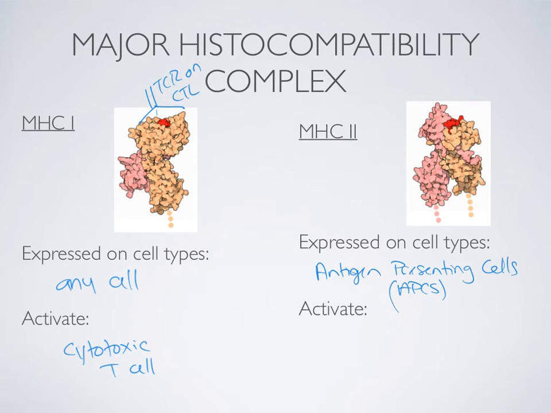If you have extracellular bacteria, you want to activate your T helper cells so that those T helper cells can help activate B cells to produce antibodies, so that they can help activate macrophages to elicit an inflammatory response. So that's why we have these two different classes of MHC. So MHC1 is to recognize and kill intracellular pathogens. MHC2 is to recognize and help kill extracellular pathogens. Does that make sense?